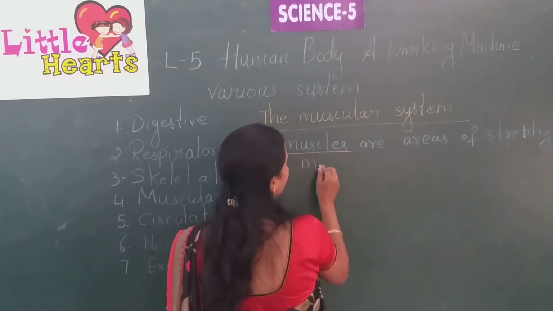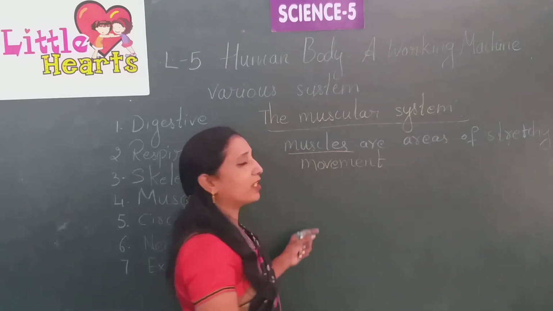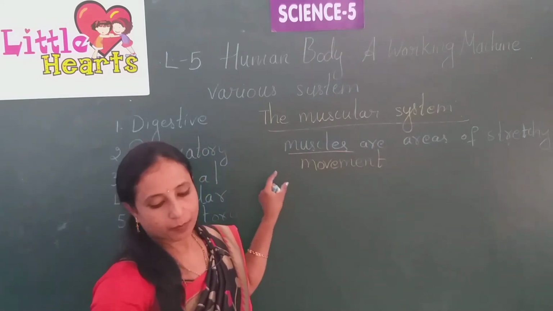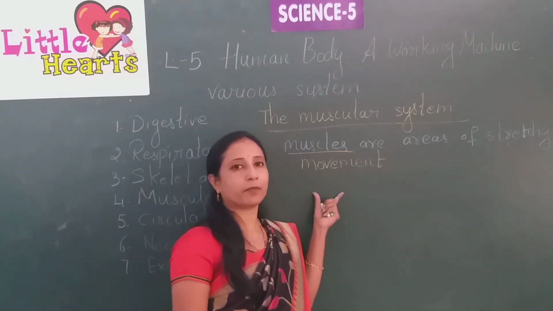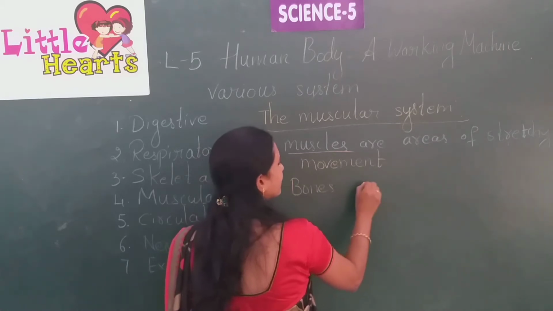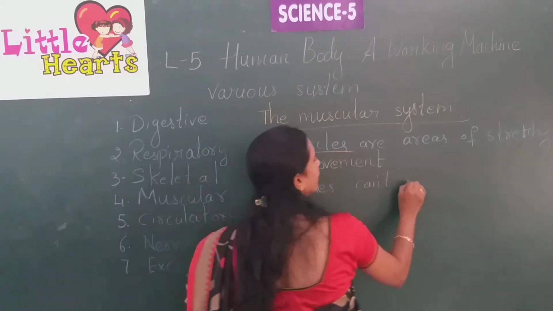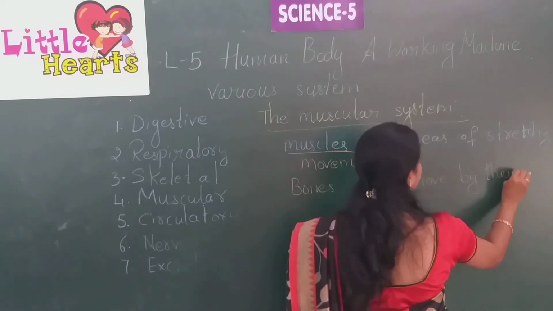So what is the work of these muscles? They are responsible for the movement in our body. Bones cannot move by themselves. We have many bones in our body, but can they move? No, bones can't move by themselves.